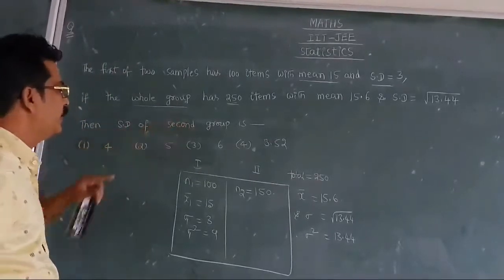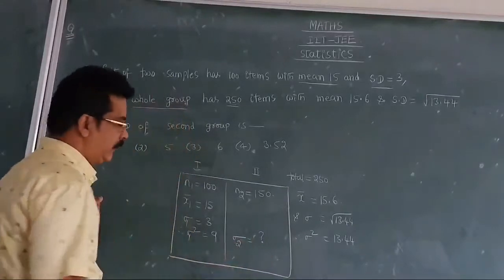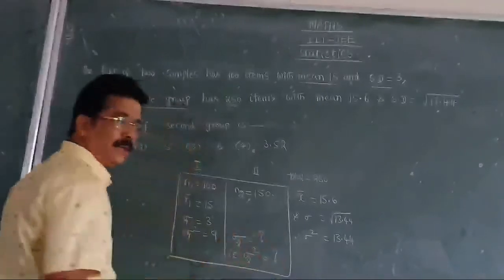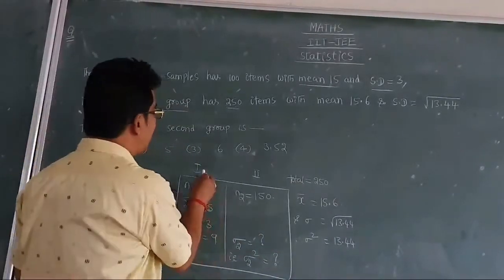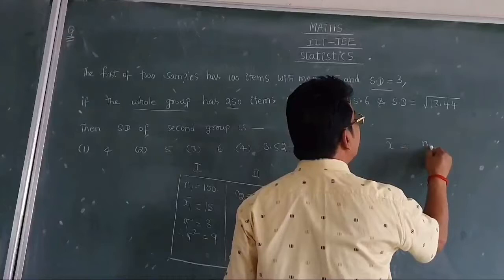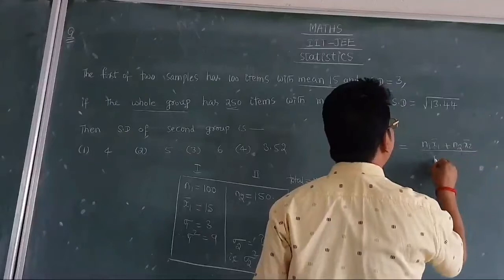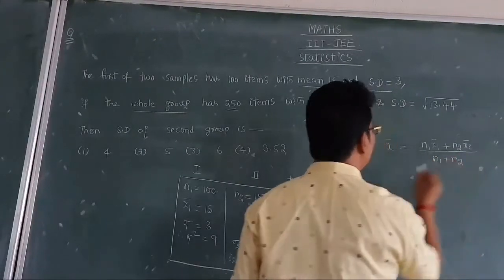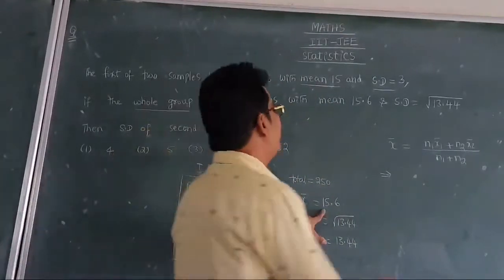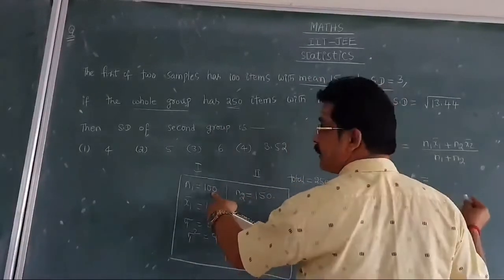The SD of the second group, that is sigma 2 square, equals what? One minute. Two groups are there, so the combined mean x bar equals N1 x1 bar plus N2 x2 bar, whole divided by N1 plus N2. This is the combined mean. Here the combined mean is 15.6, that is equal to N1, which is 100.